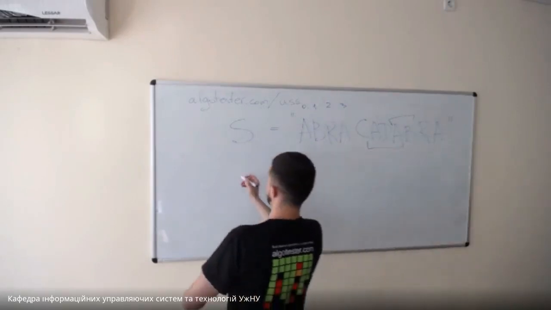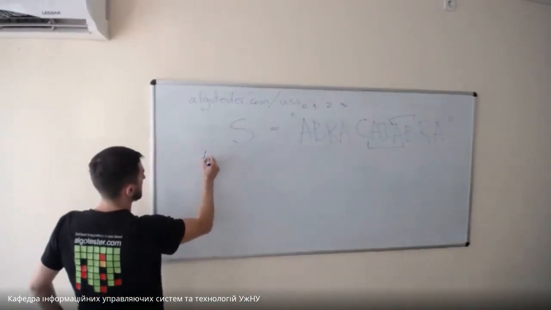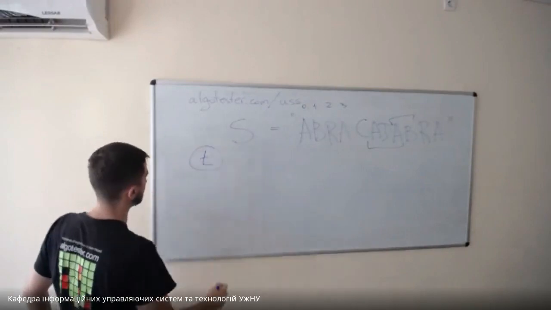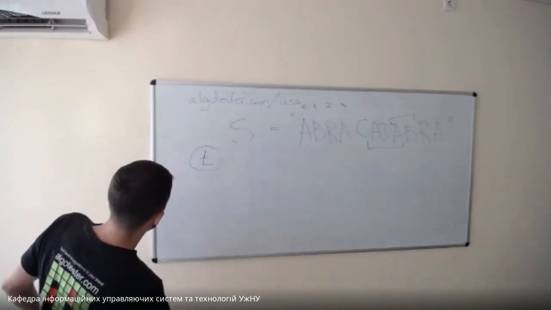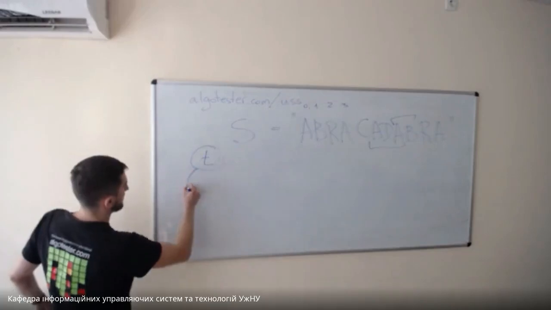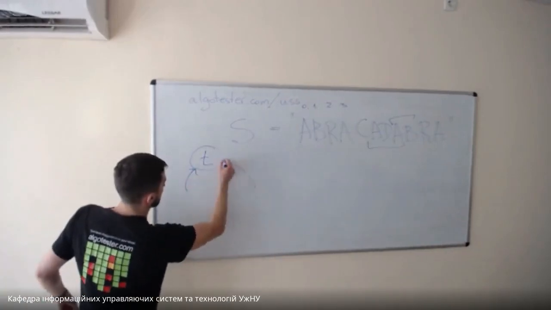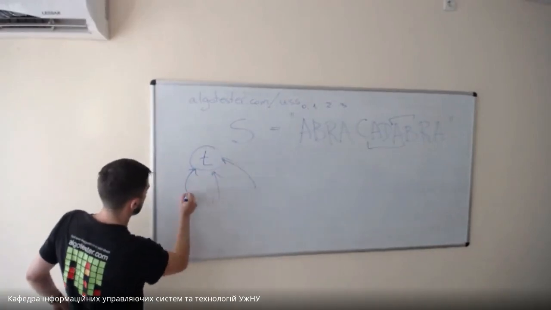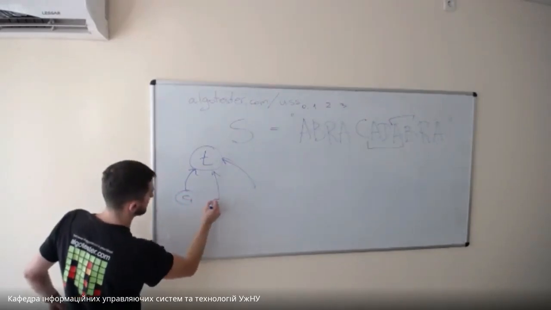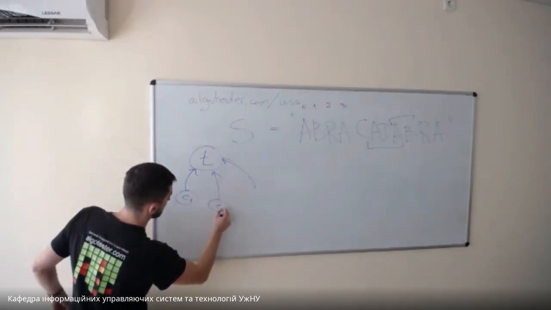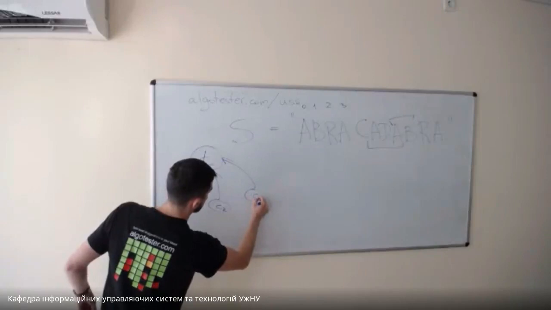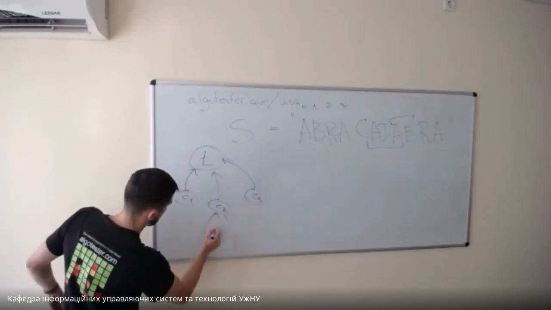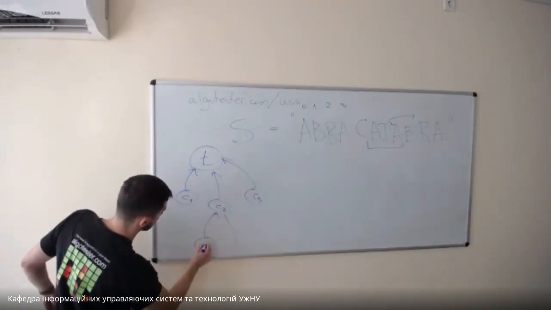So we have our state T, and then we have our classes of equivalence and suffix links.